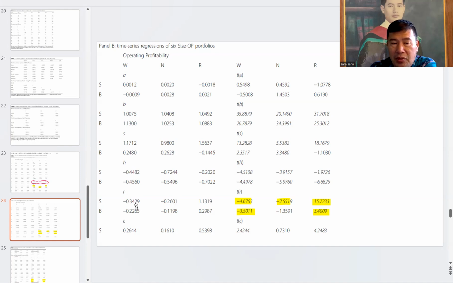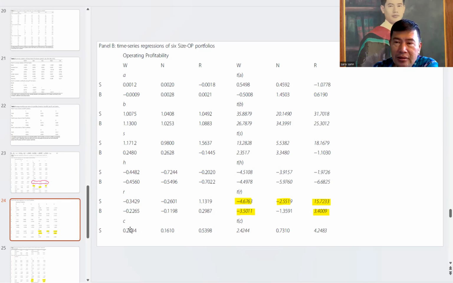What does it mean? It means when return on equity goes up, the excess return goes down by 34.29%. All negative, they are not a good sign for investment because excess return goes down when the return on equity goes up. This is not good. Just skip it.